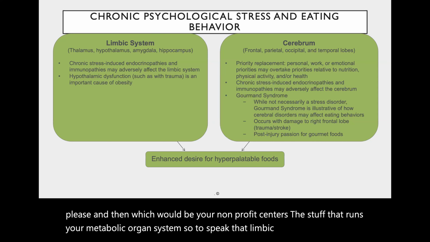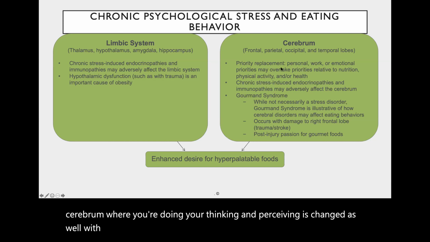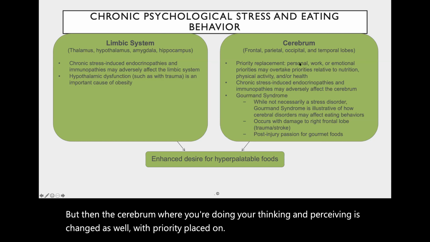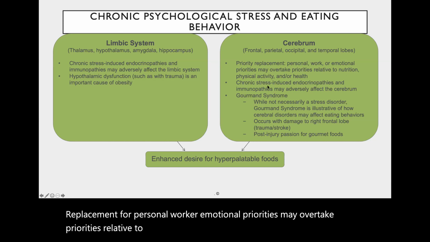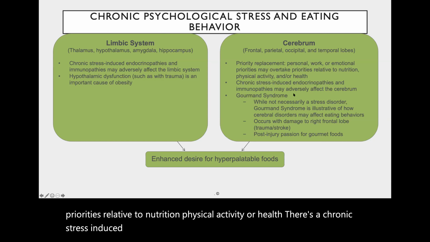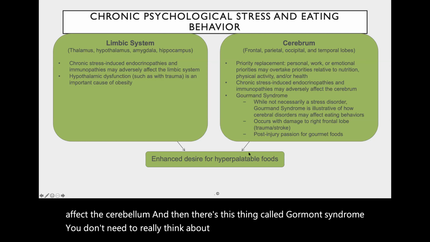But then the cerebrum, where you're doing your thinking and perceiving, is changed as well, with priority placed on work or emotional priorities that may overtake priorities relative to nutrition, physical activity, or health. There are chronic stress-induced endocrinopathies and immunopathies that may adversely affect the cerebellum. And then there's this thing called Gourmand syndrome. You don't need to really think about it. It isn't common, but it can relate to passion for gourmet foods and other things.